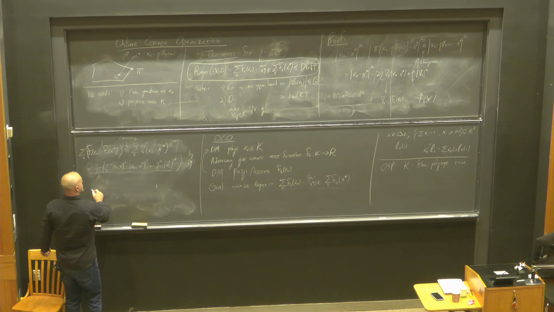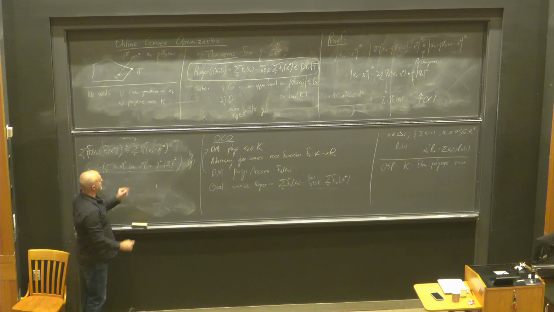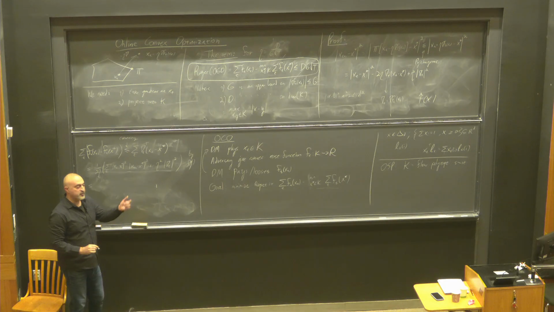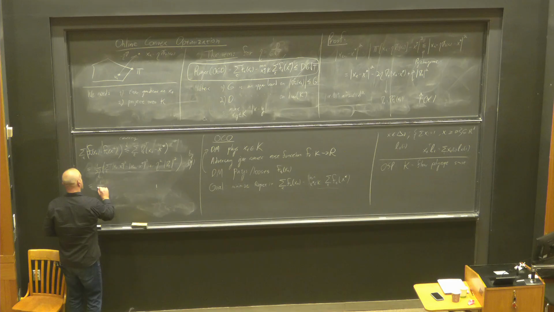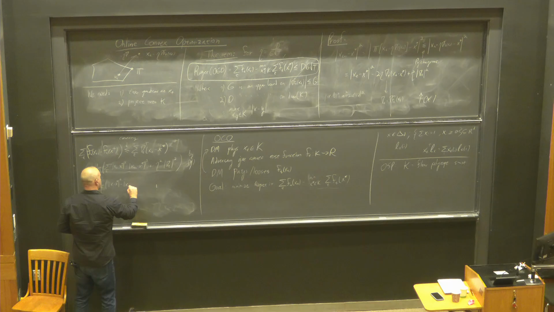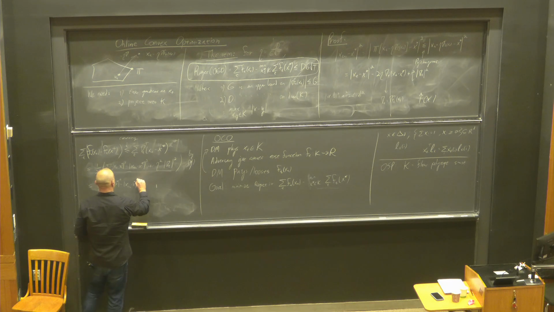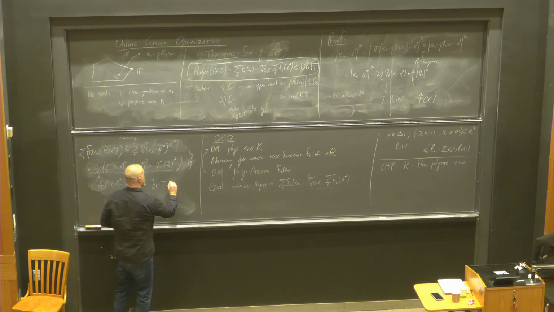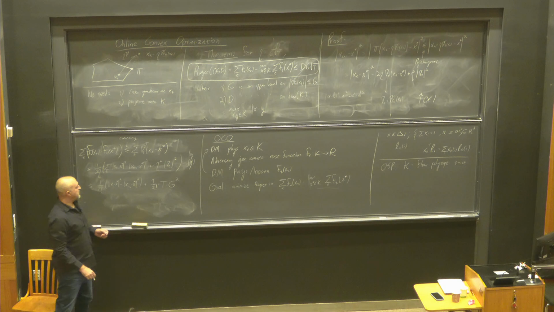And this is bounded by, so these all telescope. The quadratic terms, I have x_t minus x star and x_{t+1} minus x star, so it telescopes when I sum up over t. I'm left only with 1 over 2 eta times the norm squared of x_1 minus x star minus the norm squared of x_{T+1} minus x star, plus eta over 2 times T times G squared, by the gradient bound.